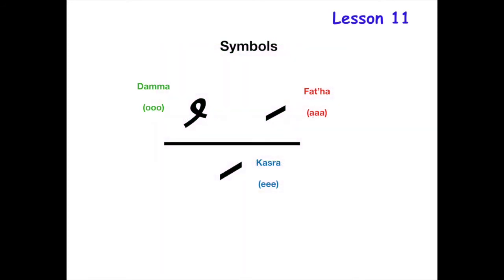So these are the short vowels. It is the fatha, which is a straight line on the top of the letter. The dhamma, which is like a speech symbol, but one of them, is on the top as well, and that's the oo sound. And then the kasra is underneath the line, and that's the e sound.